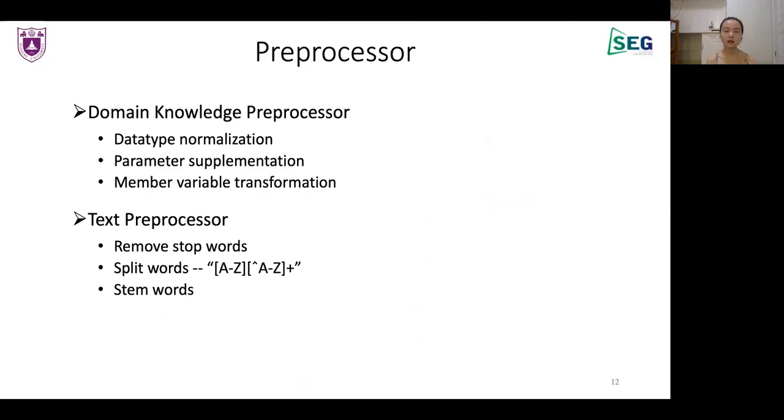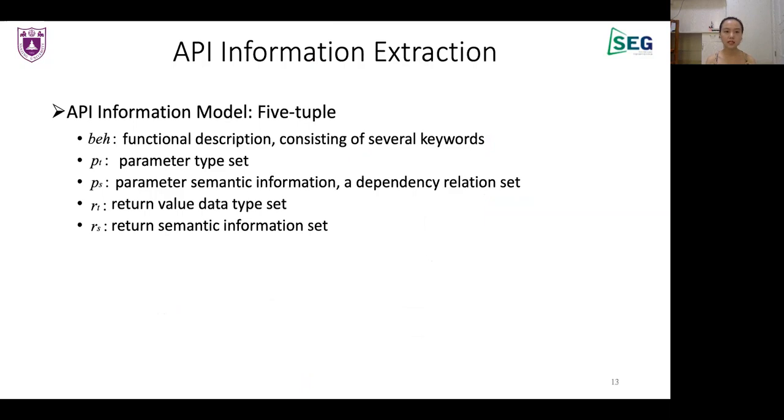Next is the detail of our approach. First is the preprocessor. We first standardize the API information, and then we simplify the API documentation. The API information model is a five-tuple. The BEH represents functional description, consisting of several keywords.